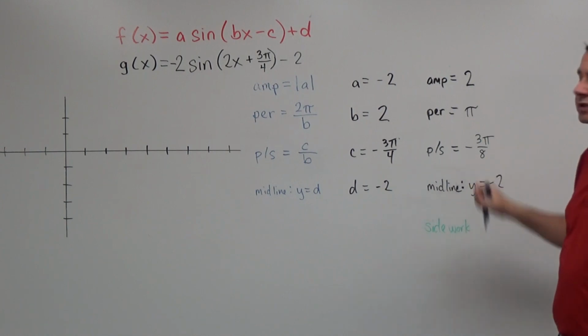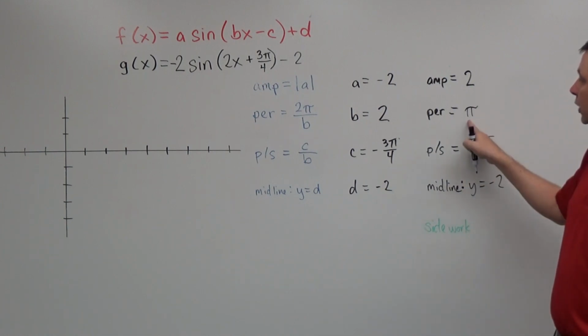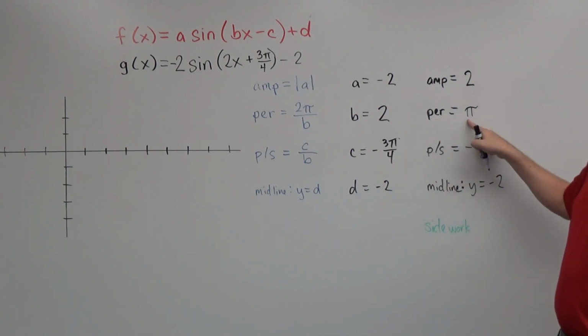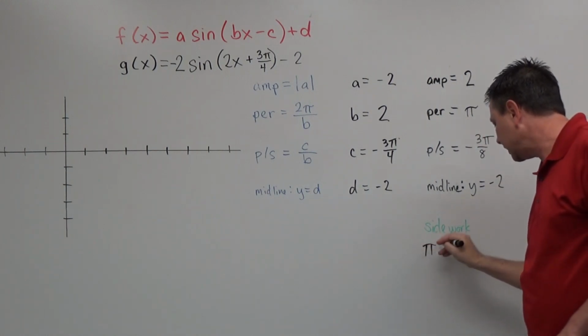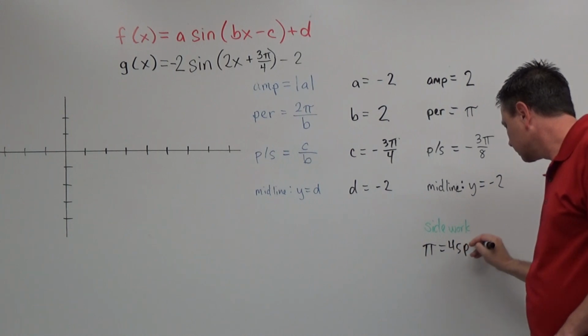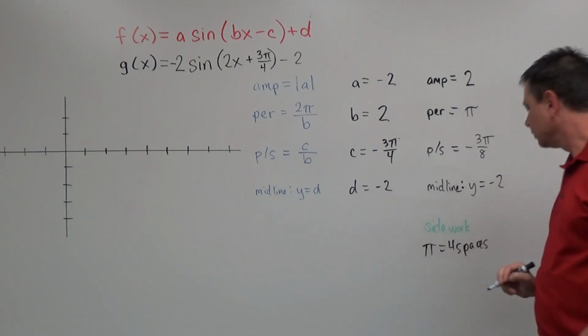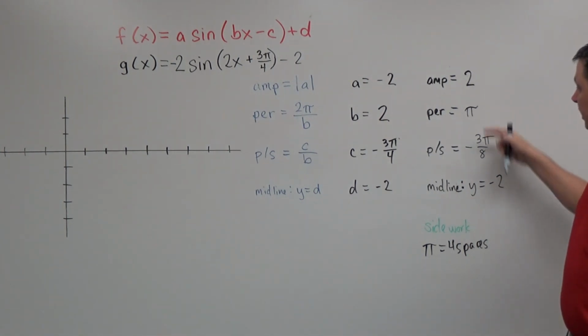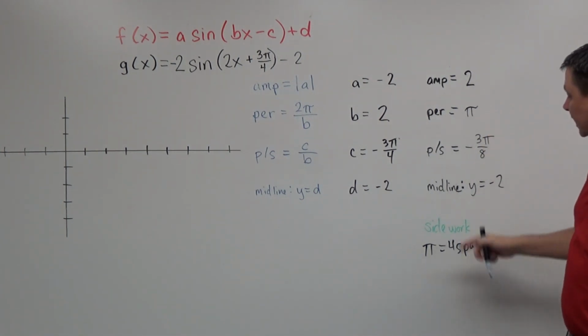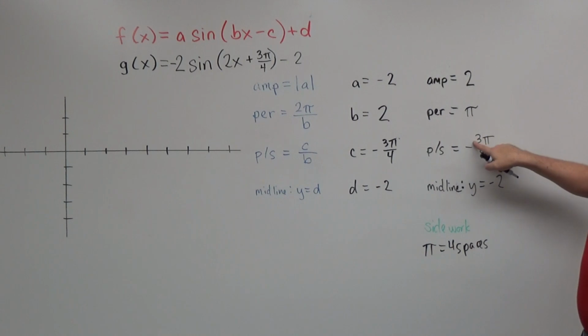And we're going to need to do some side work since we do have a phase shift. We are hoping that the period is going to be 4 spaces. So pi equals 4 spaces. And then we need the phase shift to be some sort of multiple of that. So right here, the 3 is not really important. It's the divided by 8.